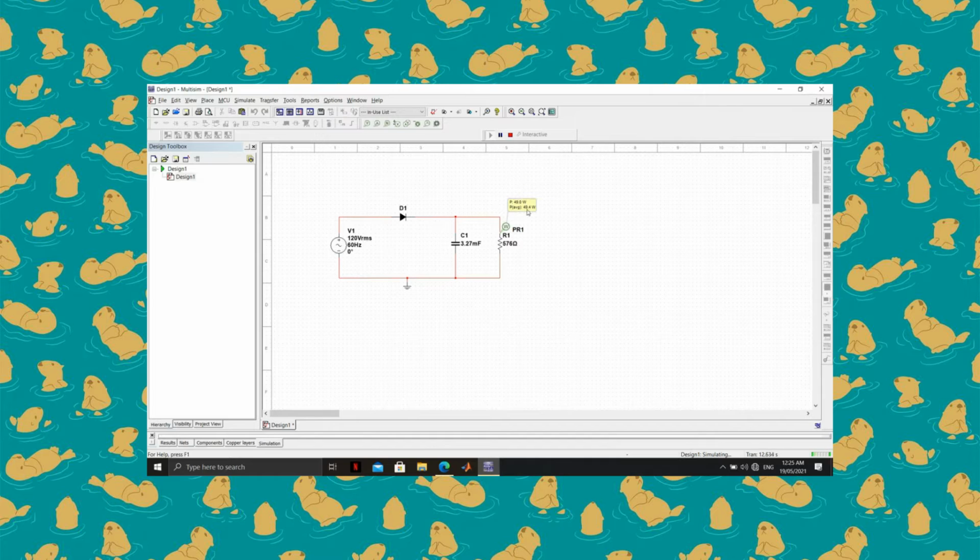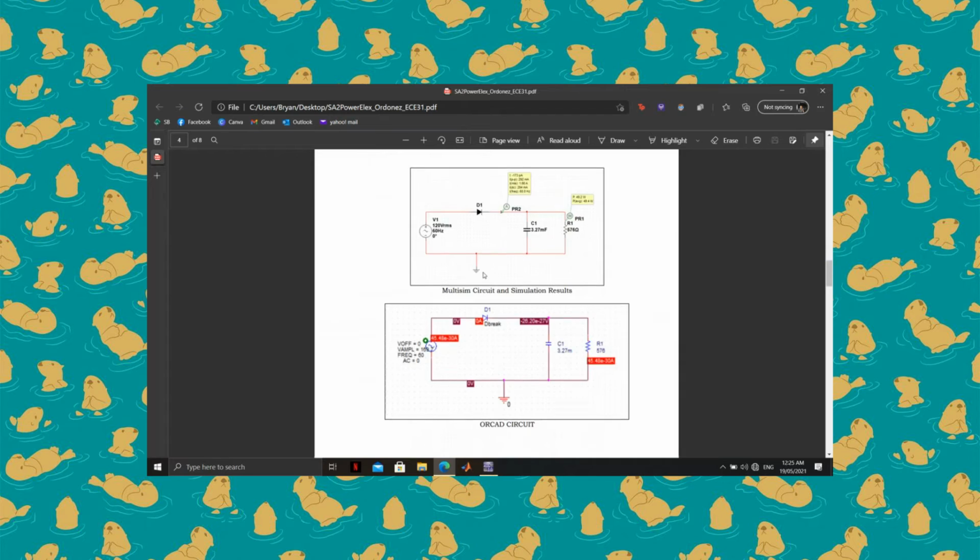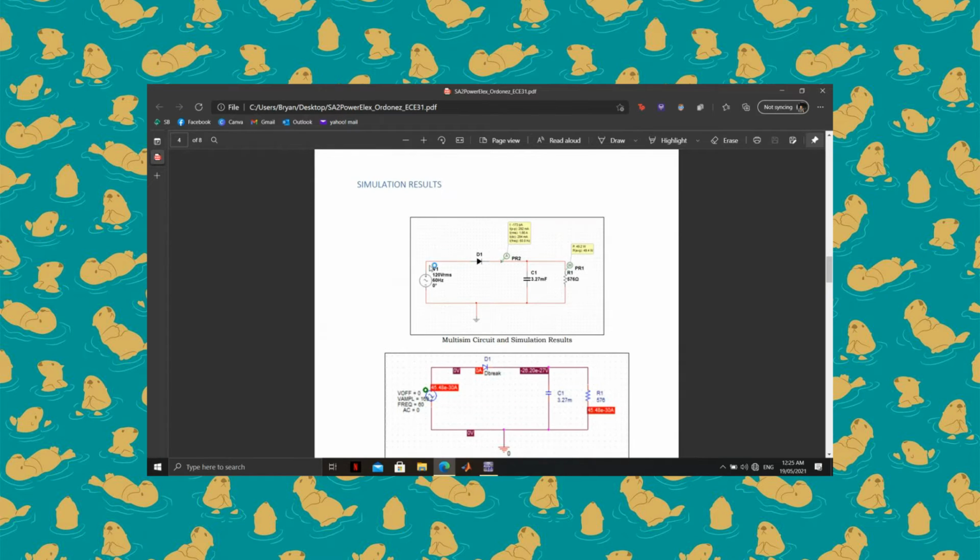There, it is 49.4 watts. Then let's measure the current flowing through the diode. From here, we can see that it is still 60 Hz and the average DC current is 294 milliamperes. So it is recorded here in our paper.